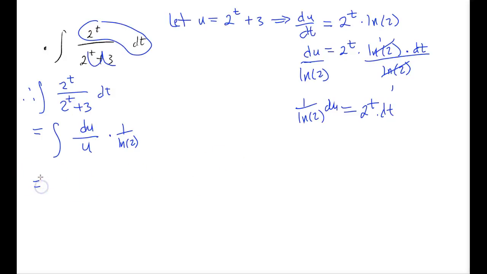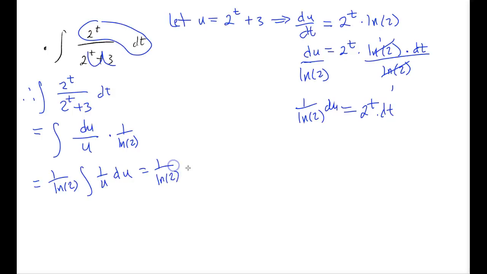Of course I'm just going to factor that out. 1 over natural log of 2. And that will just be 1 over u du. And of course we know the antiderivative of 1 over u is just natural log u, because the derivative of natural log u is just 1 over u.